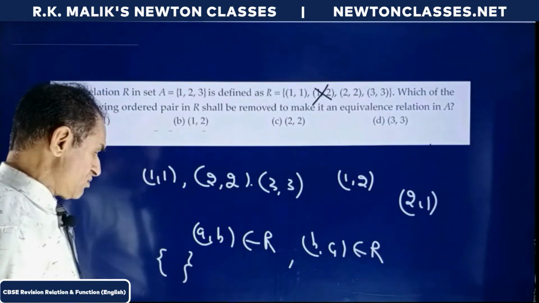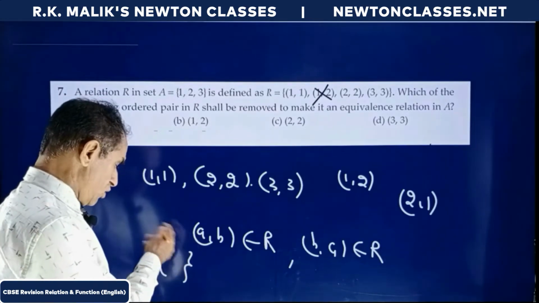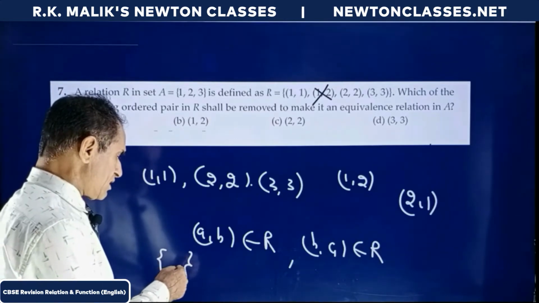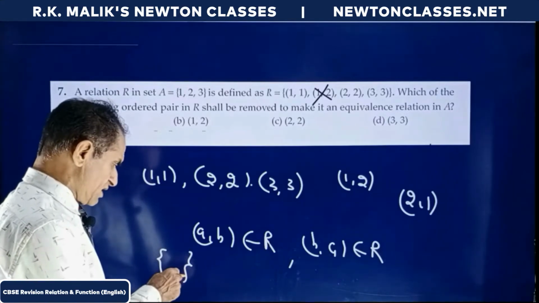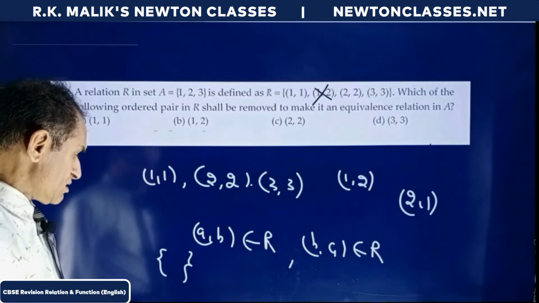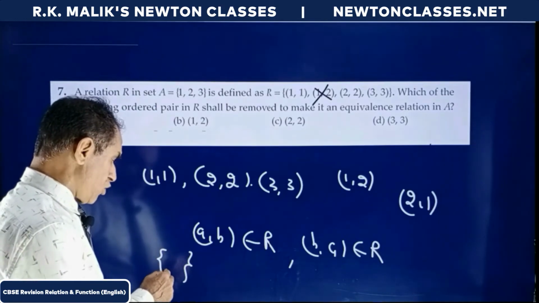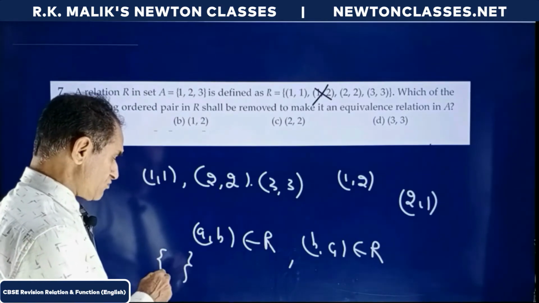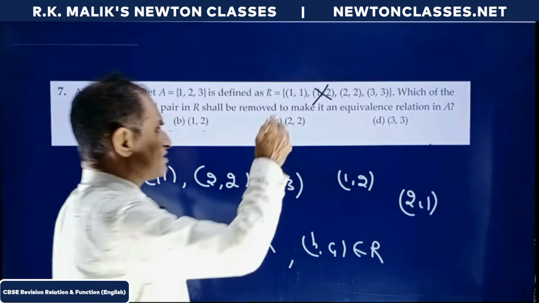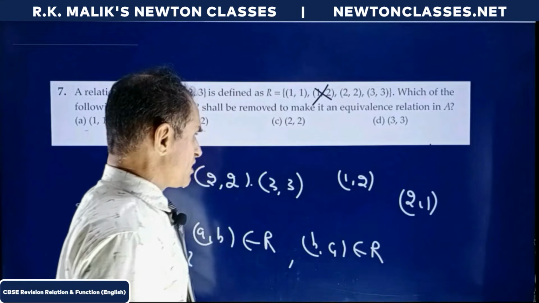In such a situation, we can't apply the condition on this set, and because the condition is not being dissatisfied, we say the empty set is a symmetric relation. And after removing (1, 2), R has become a symmetric relation.